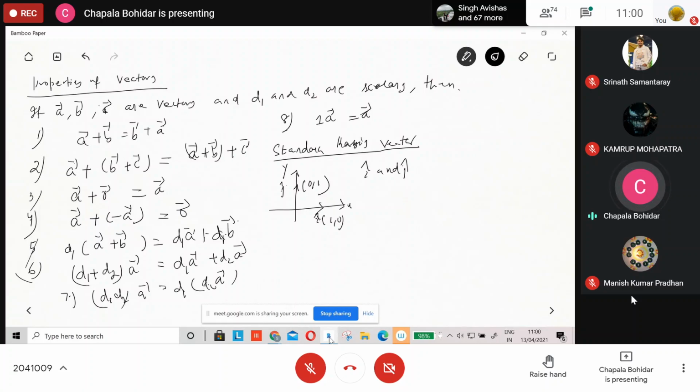Because it is two-dimensional, we say it is a plane. And defined by i is equal to 1, 0, the components, and j is equal to 0, 1.